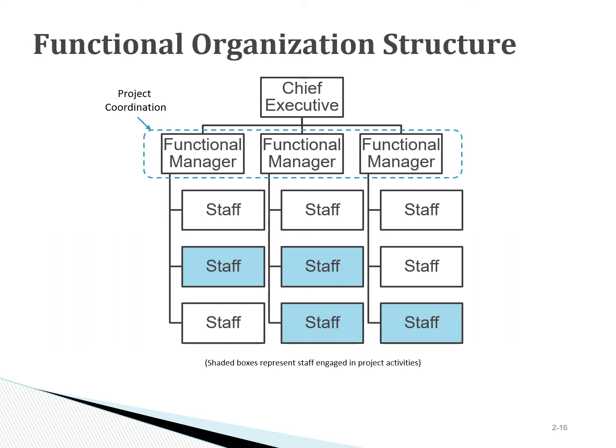So the project coordination needs to occur at the functional manager level. This is a relatively weak setup for projects to be staffed, because as you can see, there is no clear accountability for which of the functional managers are responsible for the project.